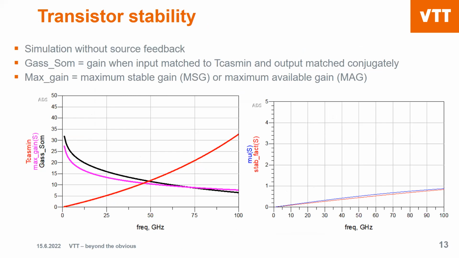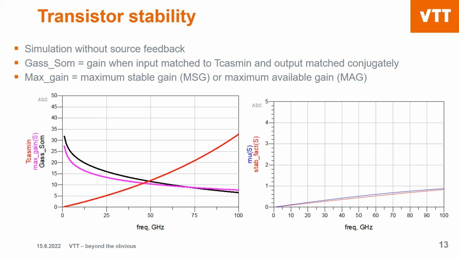On the right-hand side we can see the mu factor and stability factor, which were the stability measures for the transistor that we learned yesterday. You can get these easily from the simulator without going through the equations. They are all below 1 for the whole frequency range, so it means that the transistor is potentially unstable at all frequencies.